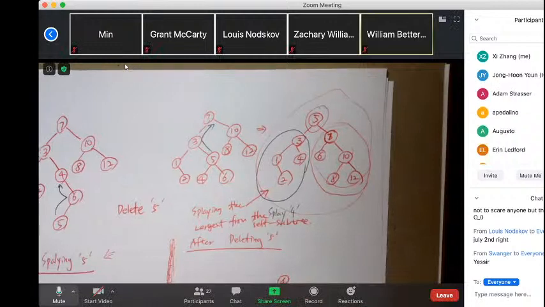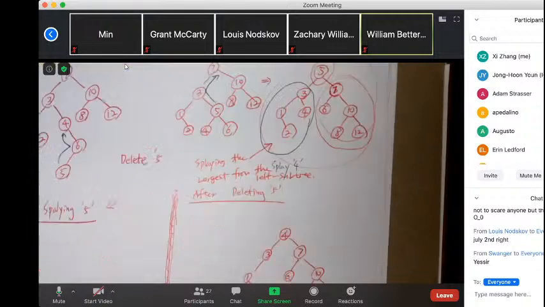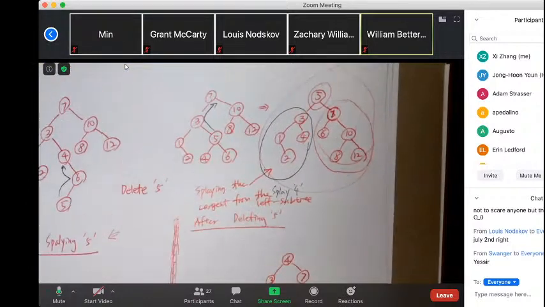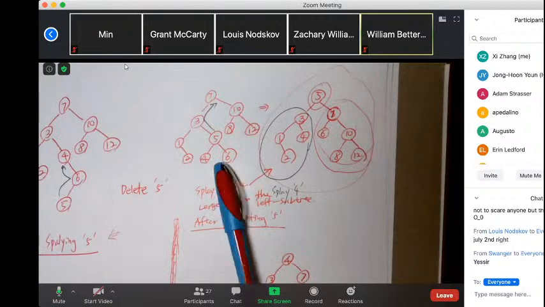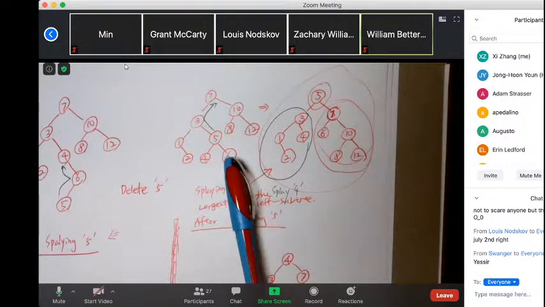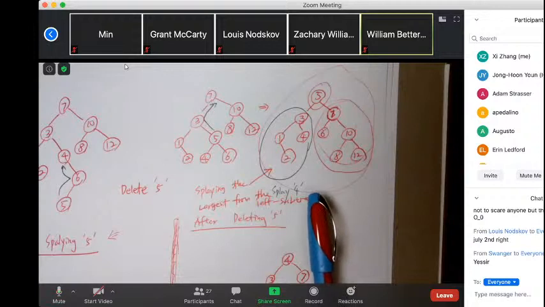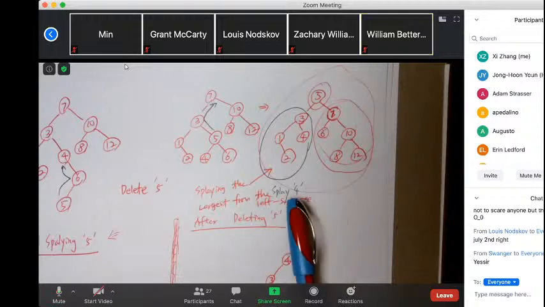For the last splaying step, the zigzag, we move the 5 to the root, and then the right subtree, following the node 5, there will be A, right? I don't understand. Just pointing at this tree. This one? Okay.